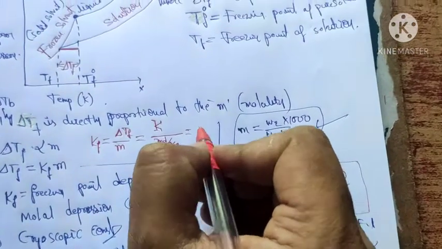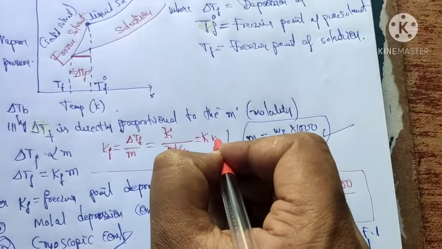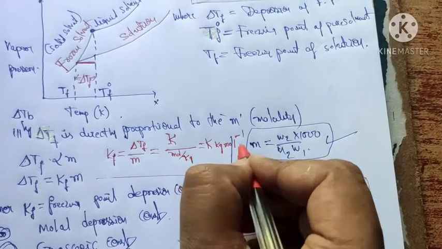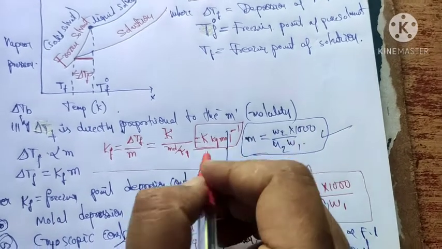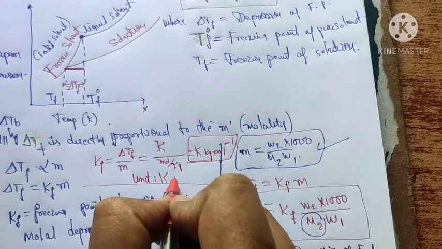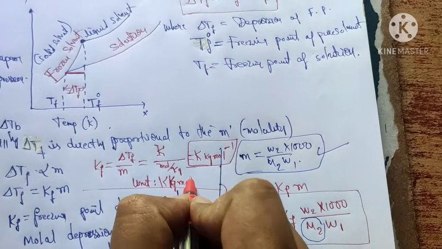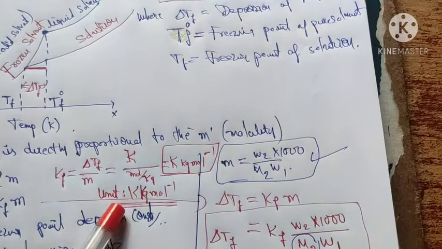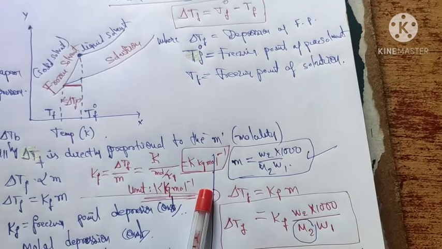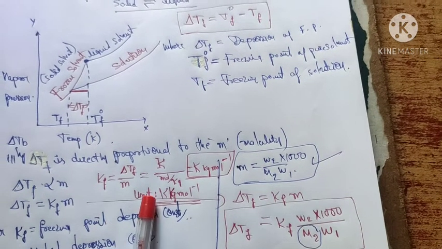So the unit is Kelvin kg per mole. This is also the same unit as the ebullioscopic constant.